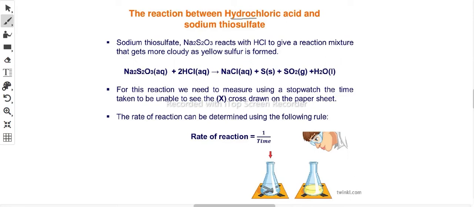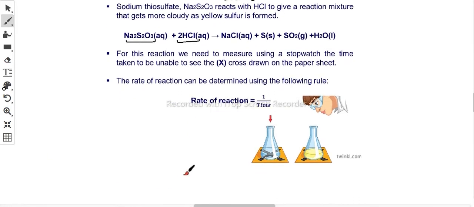What is hydrochloric acid? It's HCl. What is sodium thiosulfate? It is Na2S2O3. Here I have the chemical reaction. So we will be adding sodium thiosulfate to the hydrochloric acid. I will let you see what is taking place.